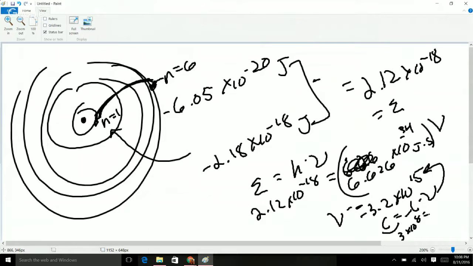So if I divide 3 times 10 to the 8th by 3.2 times 10 to the positive 15, that's when I get the wavelength equal to 9.4 times 10 to the negative 8, and that would be in meters.